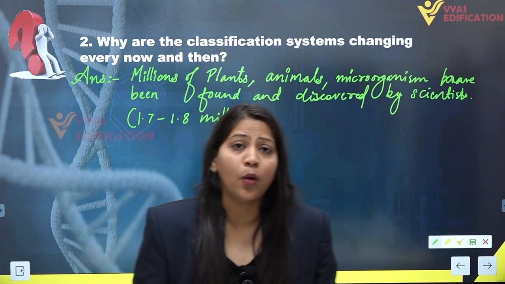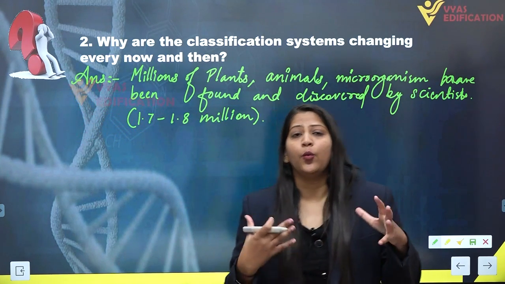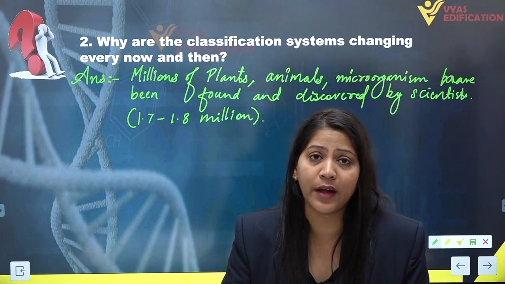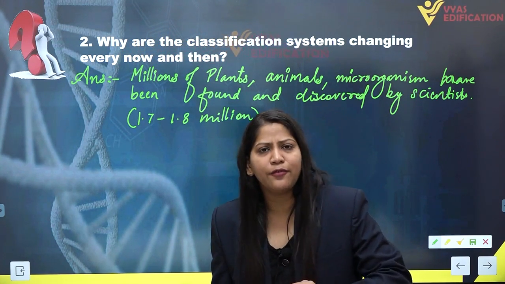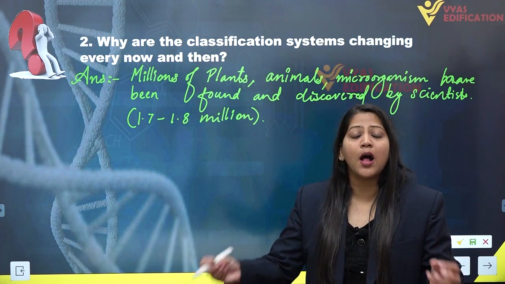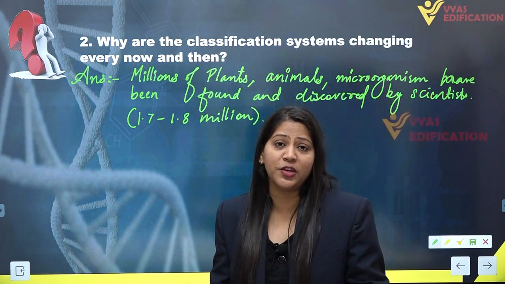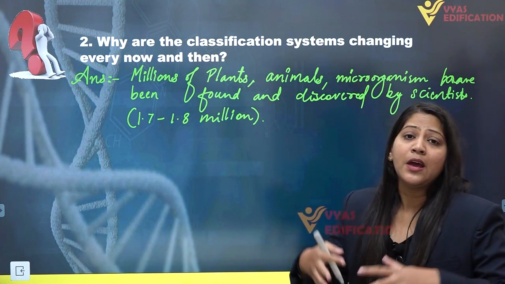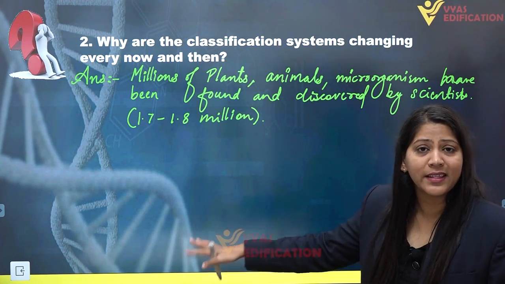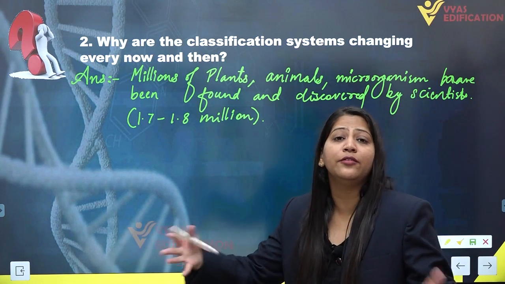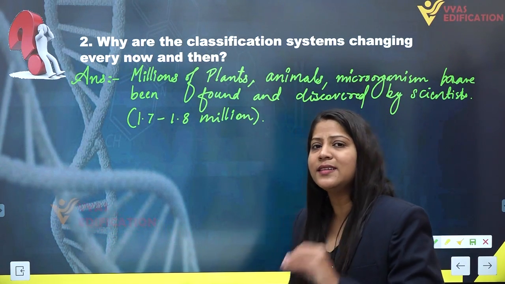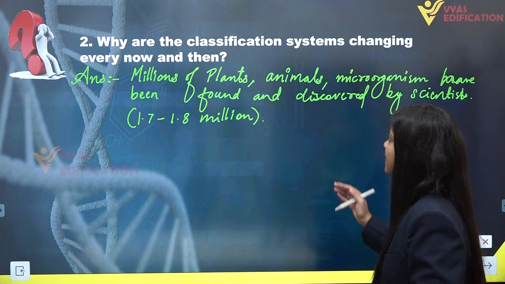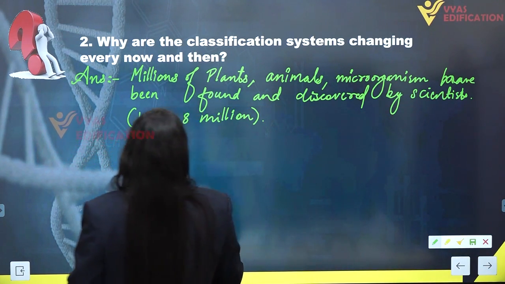Now, in our changing living world, new species are being discovered around us. To classify all these newly discovered species with their new characters, we want to classify them into their respective groups, of course. So this creates the requirement of the classification system changing every now and then.